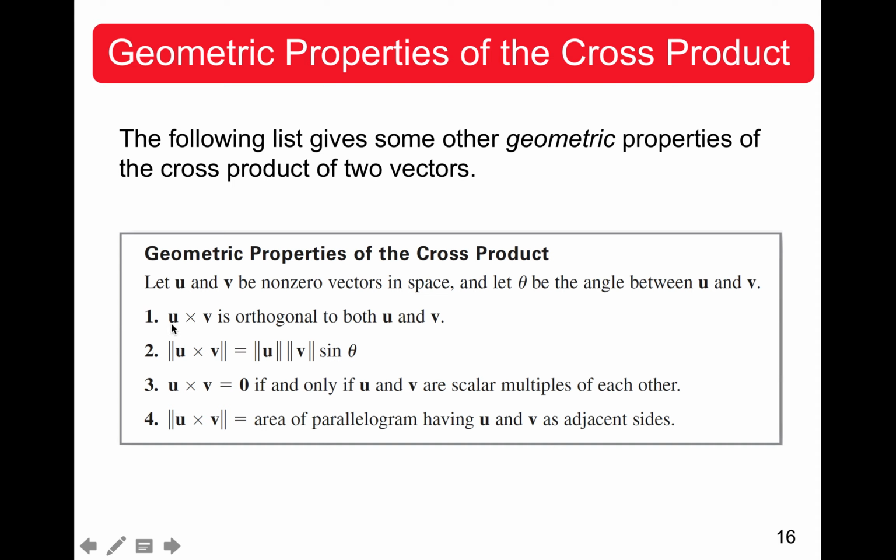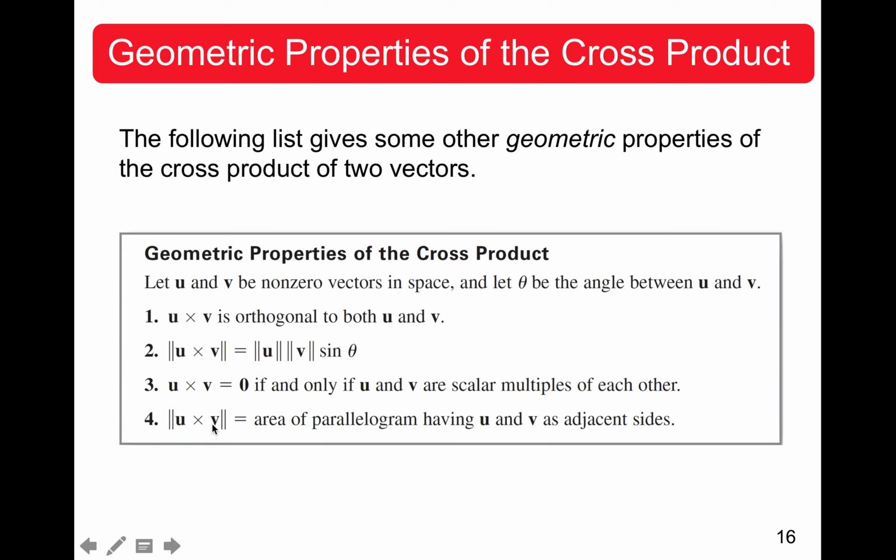The magnitude of u cross v is equal to the magnitude of u times the magnitude of v times the sine of the angle between them. U cross v is equal to 0 if and only if u and v are scalar multiples of each other. Remember we just talked about a slide ago that u cross u is equal to 0 and v cross v is equal to 0. So that's also going to be the case if they are scalar multiples of each other.